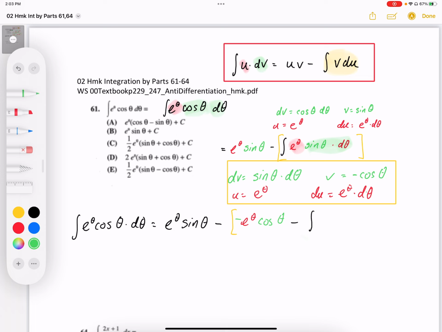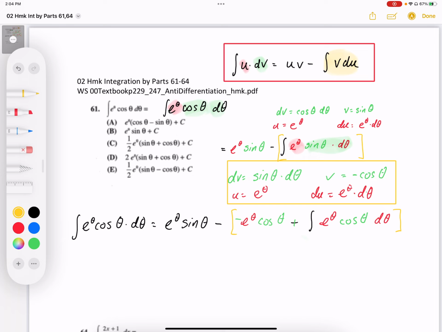So I end up with e^θ, the cos θ is my v, the dθ came from the du, and then I had that extra negative cos, so I'm going to make that plus. We have to be careful of our signs here.